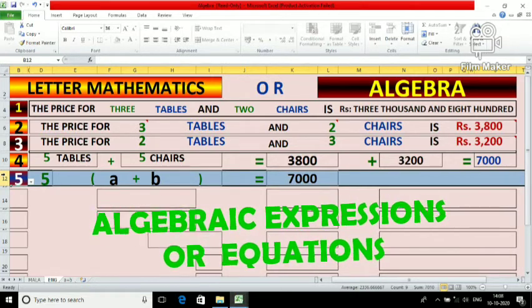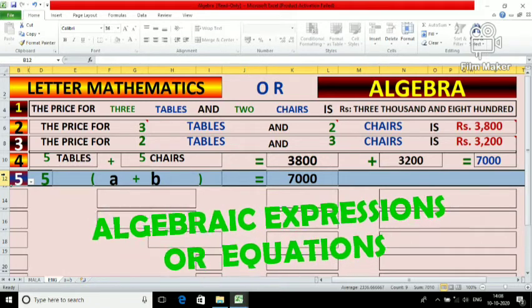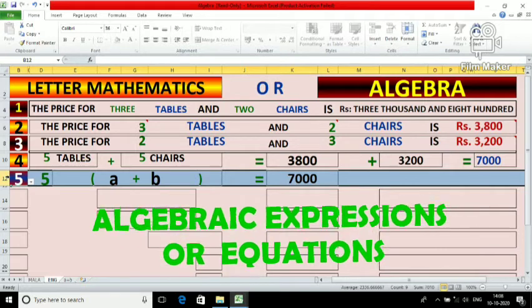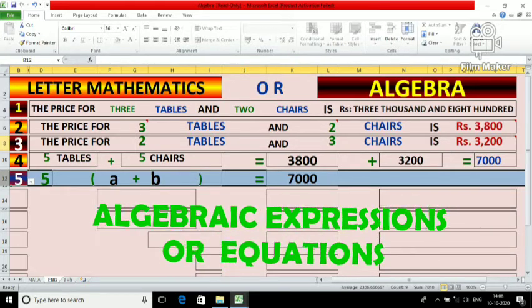That is the reference of algebra or equation. So we can change this sentence into a capsule size. There lies the importance of algebra or equations.